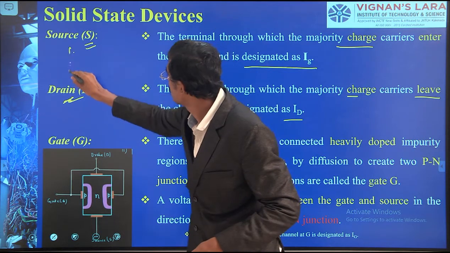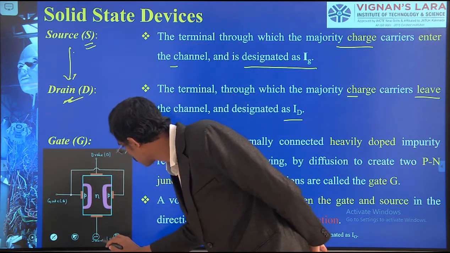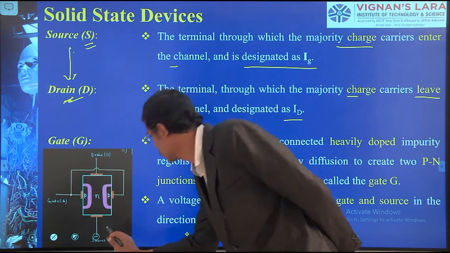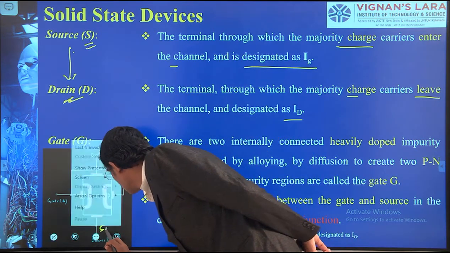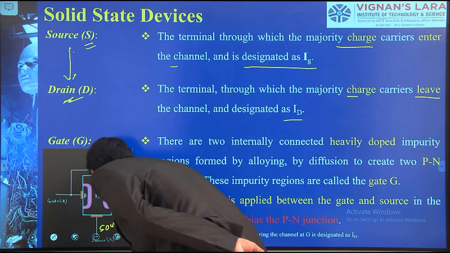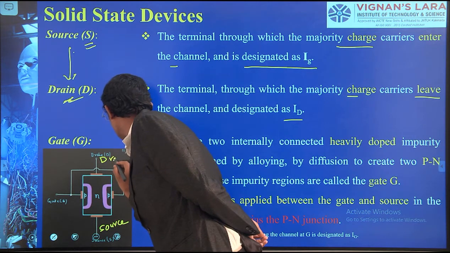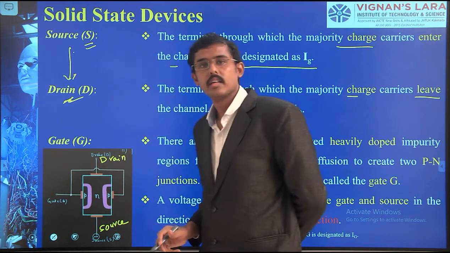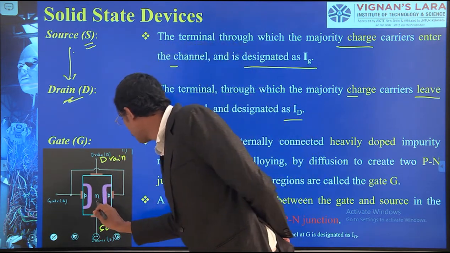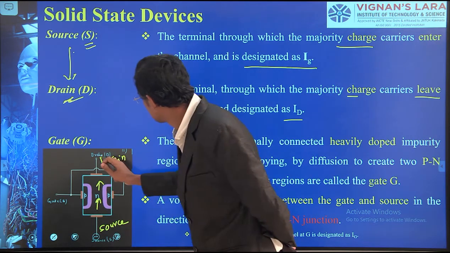From the source to the drain, the electrons travel. At the bottom I have written source, this is the source. At the top we have the drain. The electron flow should happen from this end to that end.